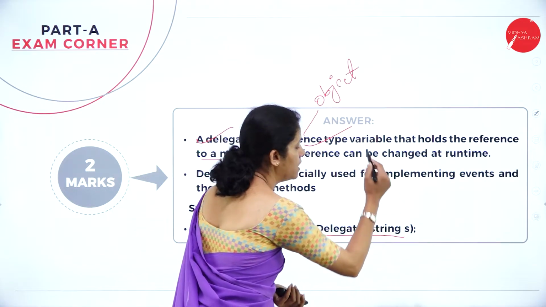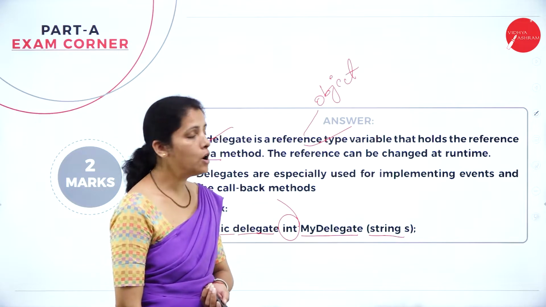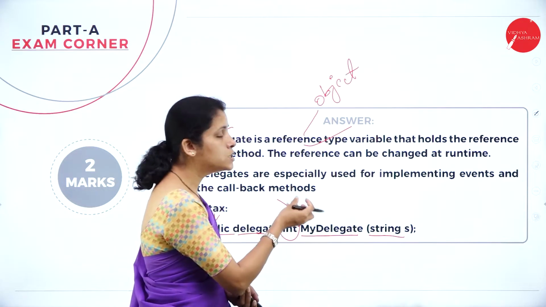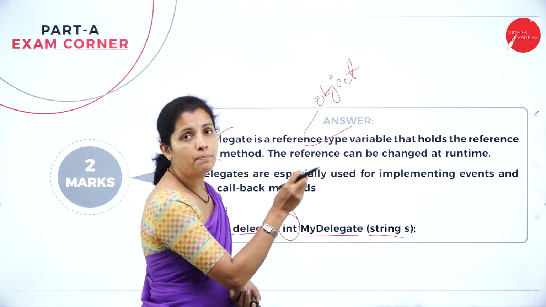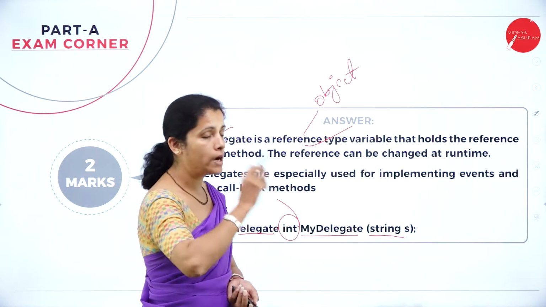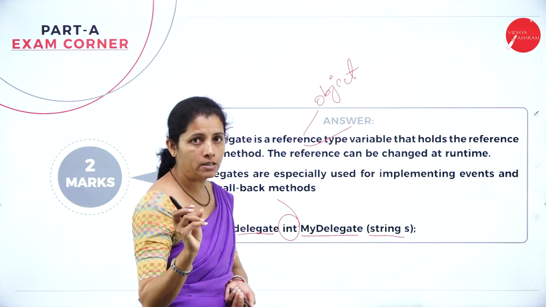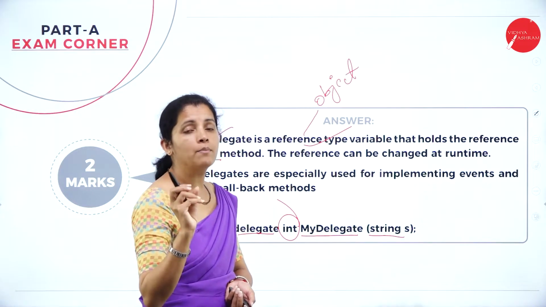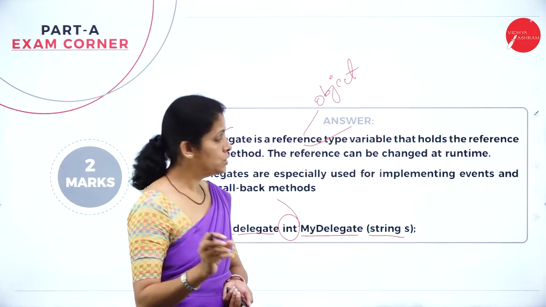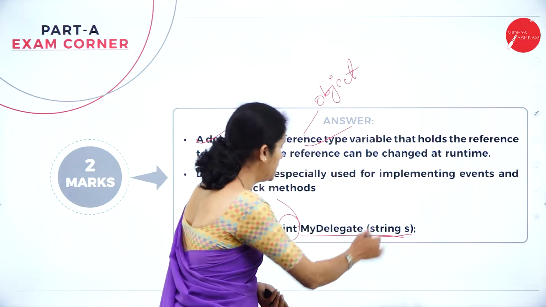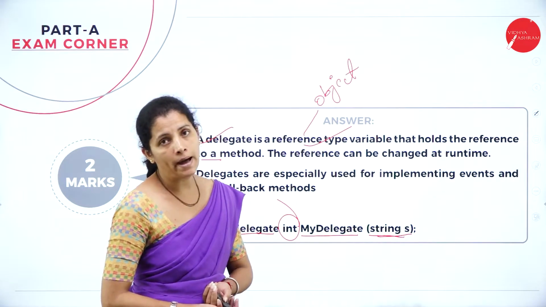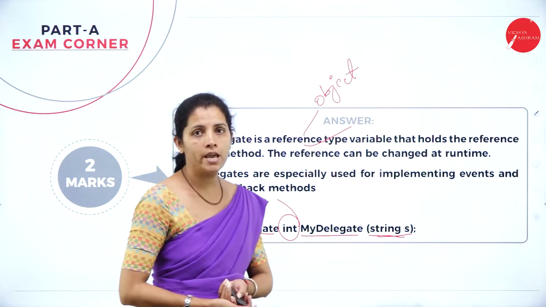And these are the parameters. Or I can consider this as method parameters, in the sense whatever method parameters I have, for that I am going to create the reference. So the method parameters as well as the delegate parameters must be the same.